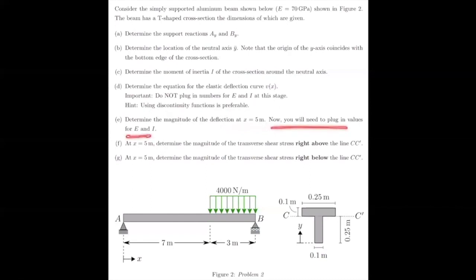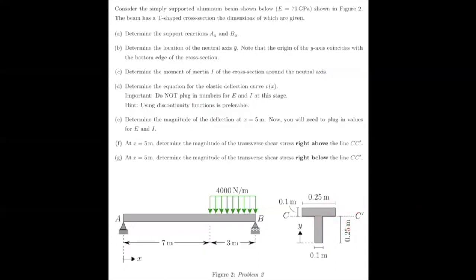Now you will need to plug in these values. And then at x equals 5, in the two parts, it asks you to calculate the transverse shear right above and right below the line C prime. So it asks what is the transverse shear exactly here, a bit up, and what is it exactly here, a little below.